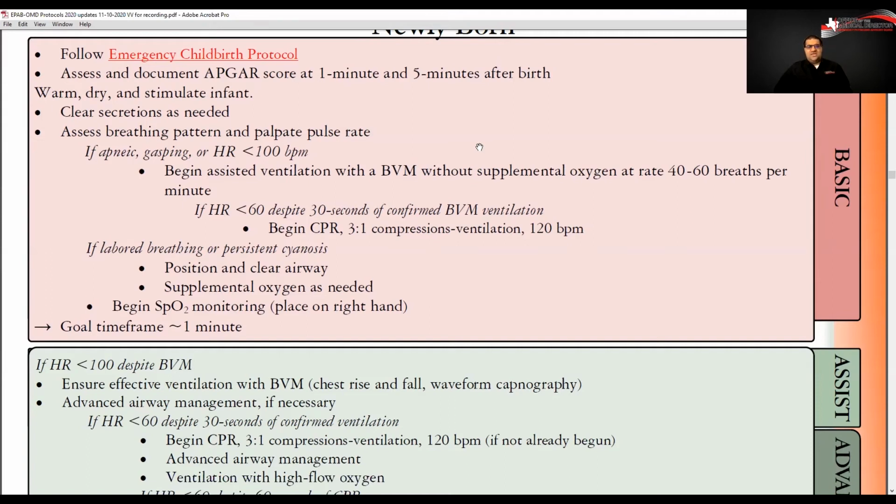If their heart rate continues to drop after 30 seconds of good confirmed BVM ventilation, then go ahead and begin CPR. It's actually a very fast version of CPR, so it's a 3-to-1 compression to ventilation ratio, the whole thing being at 120 events per minute.